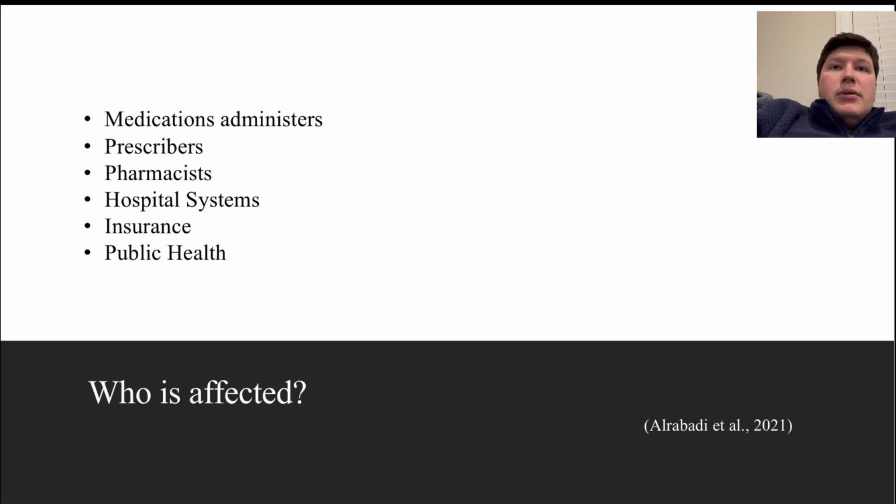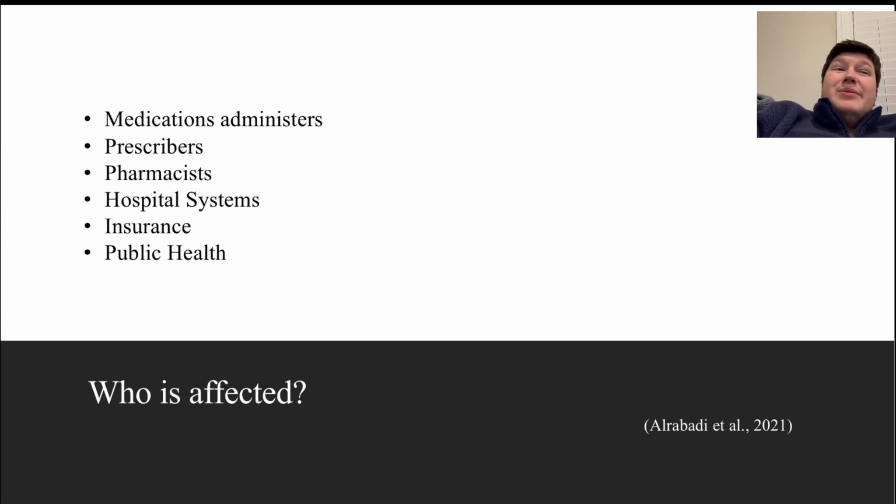Unfortunately, medication administrators, usually the nurse, are usually responsible for errors in the inpatient setting because they're administering so many medications. And unfortunately, these errors can decrease confidence, trust in healthcare, and job satisfaction.